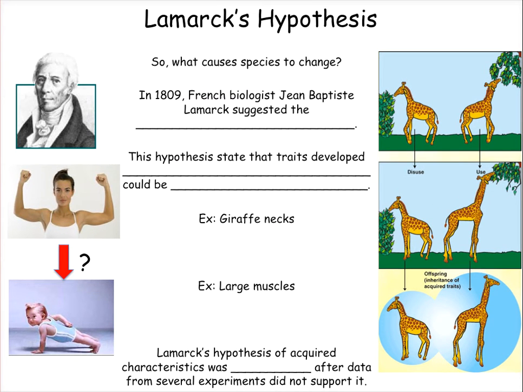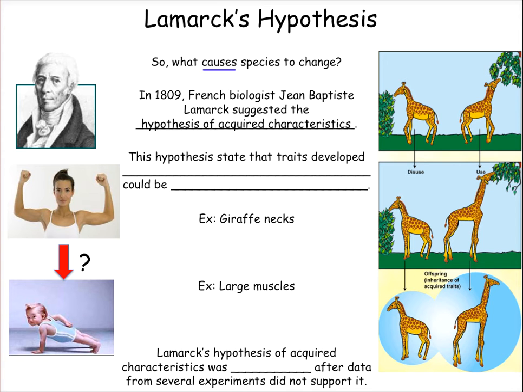So, once people understood that species can change over time, the most natural question to ask is what causes species to change? Why do they change? Well, in an attempt to answer that question, in 1809, French biologist Jean-Baptiste Lamarck suggested the hypothesis of acquired characteristics.